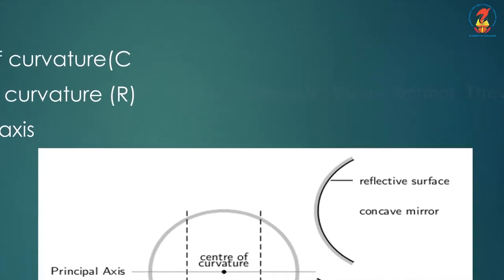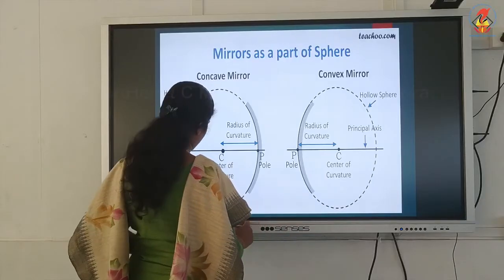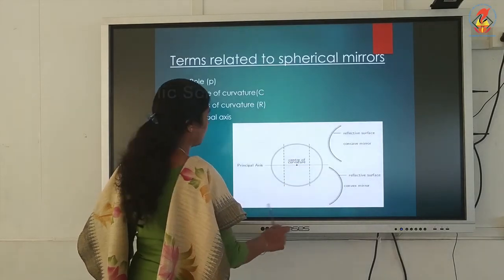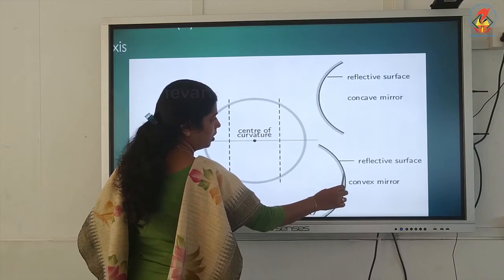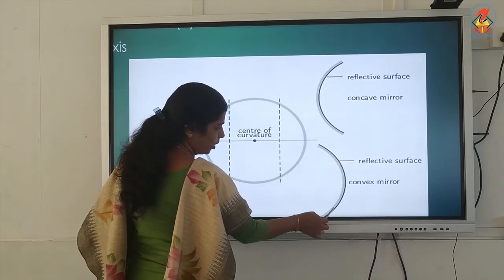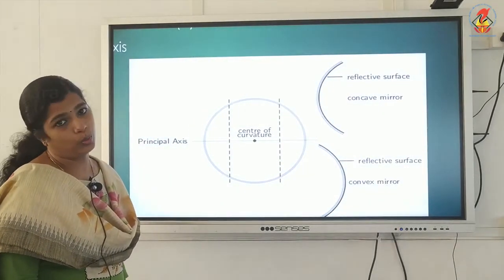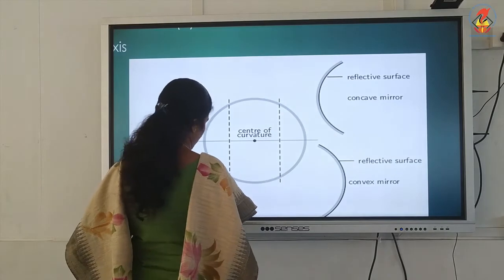That's a concave mirror. Then in this diagram, this darker portion will reflect the light, and that is curved outwards. So that's a convex mirror.